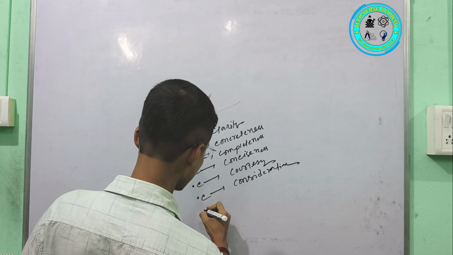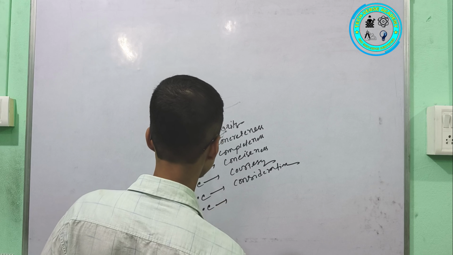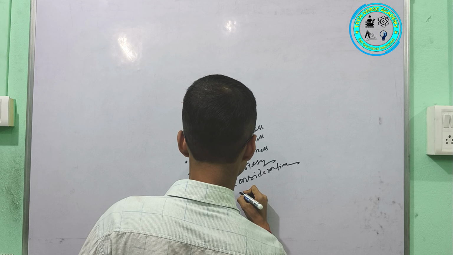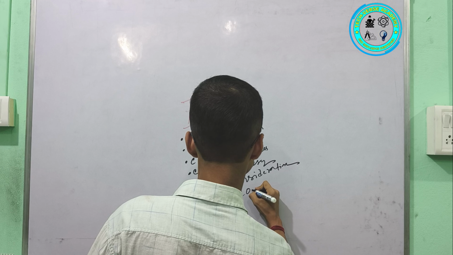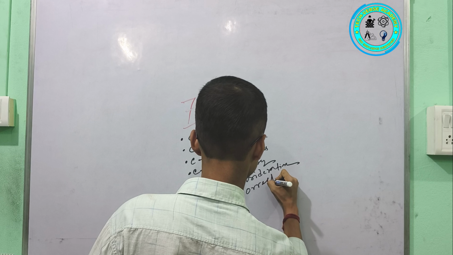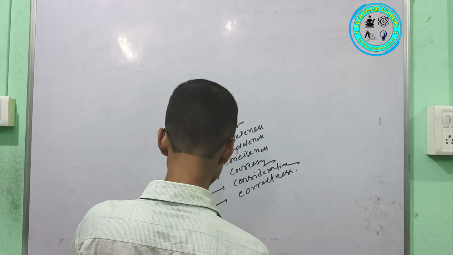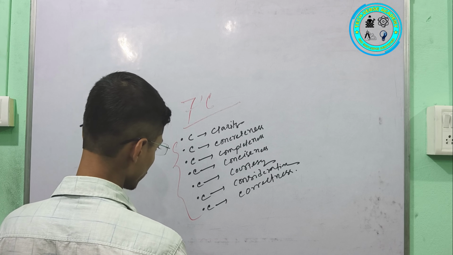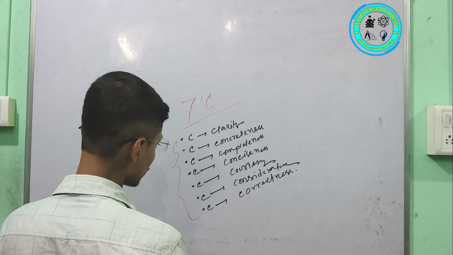And the last and foremost C is correctness. So these 7 C's are vital in our communication process. Without these individual 7 C's, we can't complete our communication process.